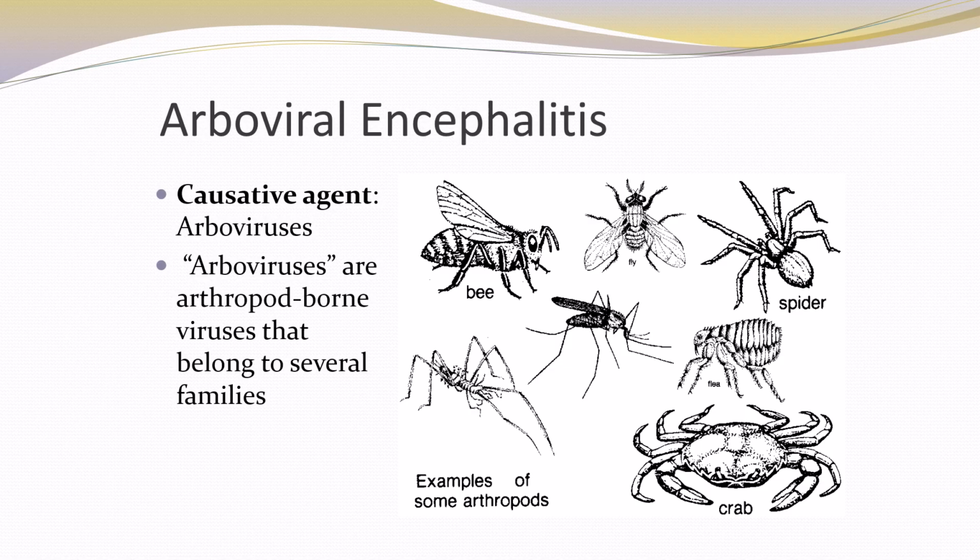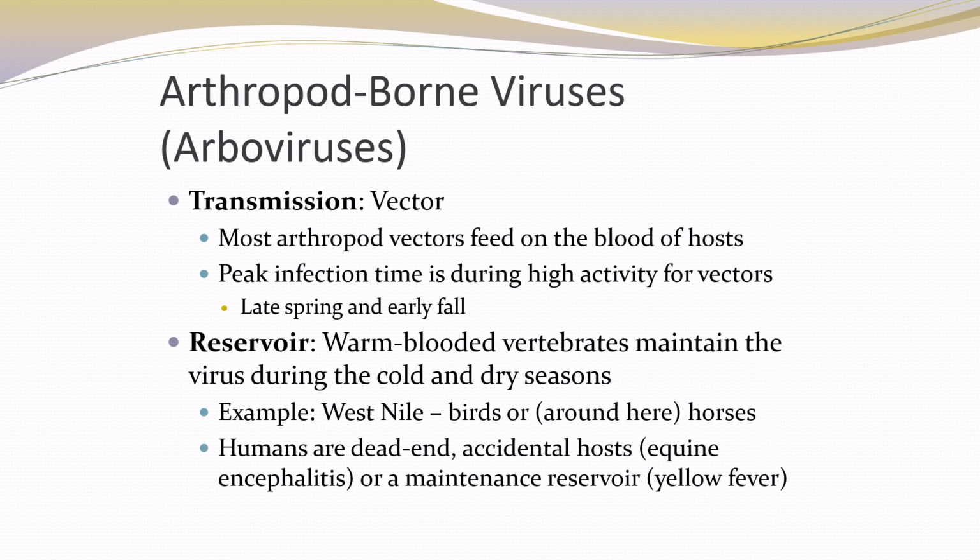I don't need you to remember any one in particular, although there may be a few on the list of examples that I show you that you recognize. But again, we are going to be talking about several types of viruses here, but we are just smooshing them all together. So arbovirus actually just is kind of a shortened version of saying arthropod-borne viruses.